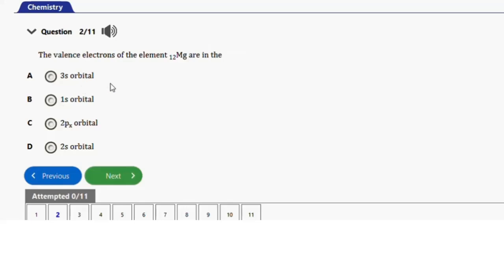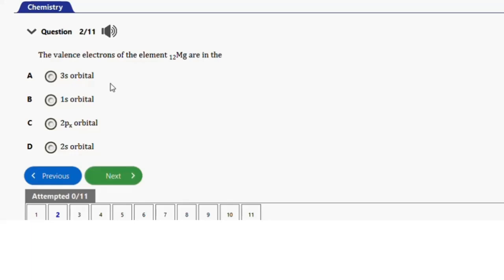The next repeated question will be this one. It says the valence electron of the element magnesium are in the, so it will be in the 3s orbital, because when you are arranging the orbitals for magnesium, we are going to have 1s, 2s, 2p, then 3s.